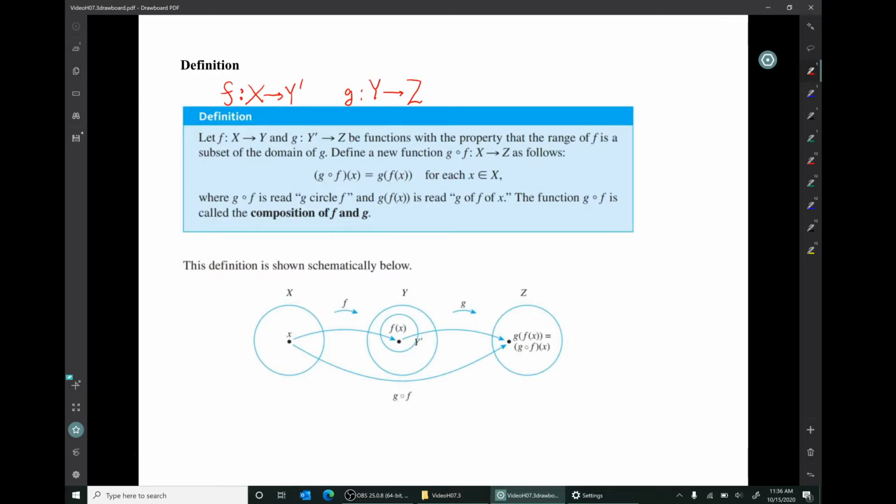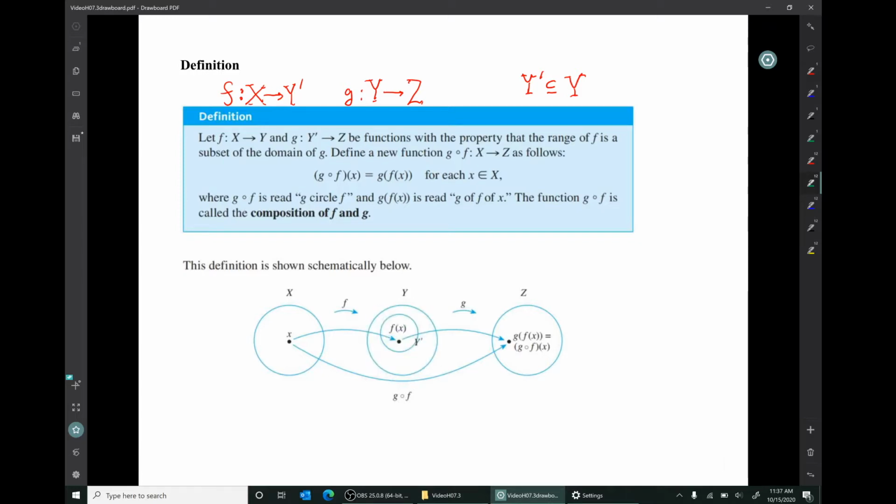In this definition, we're supposed to have f being a function from some set capital X to some set capital Y prime, and g being a function from set capital Y to set capital Z. And the relationship here is that Y prime is a subset of Y. As in this diagram down below, notice that Y prime is this smaller set and Y is this larger set.